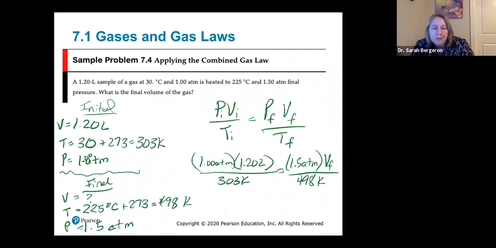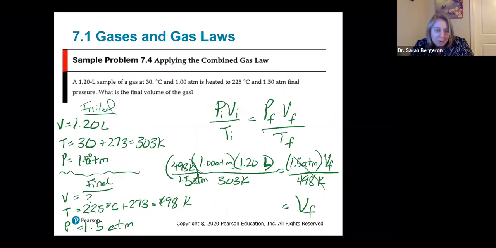Okay, so what do we do to get rid of things? You're just going to cross multiply. So that's 498 Kelvin on top and 1.5 ATM on the bottom. Okay, so volume final, because that will get rid of those, right? So do 498 times 1 times 1.20, and that is a liter, not a 2, because that kind of looks like a 2, but that's liters.